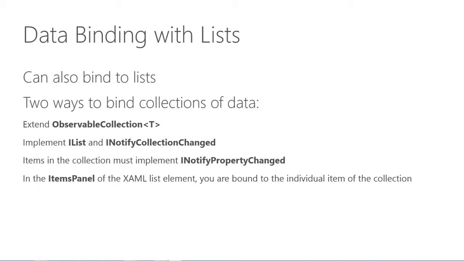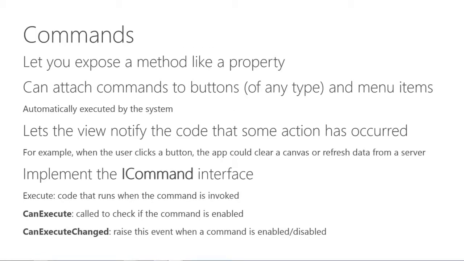One other item that is kind of handy and helps to move code out of your view and into your view model is commands. Essentially, that's a method where rather than binding to data, you're binding to a method. So for instance, you would bind a button to a command, and by doing that, any time the button is clicked, the command is triggered, and the command would then be in the view model rather than in the code behind of your view.